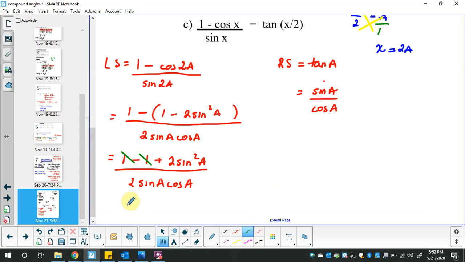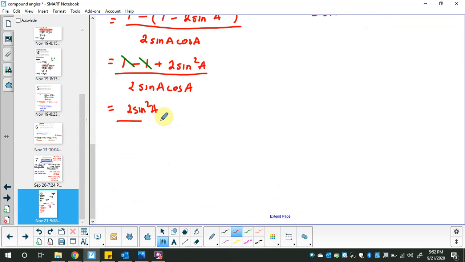1 minus 1 is 0. So line of neatness, 2 sine squared a over 2 sine a cos a. It's all multiplying and dividing, so my 2's can cancel out, and one of these sine a's can cancel one of those sine a's, so you end up with a single sine a on the top, and a single cos a on the bottom.